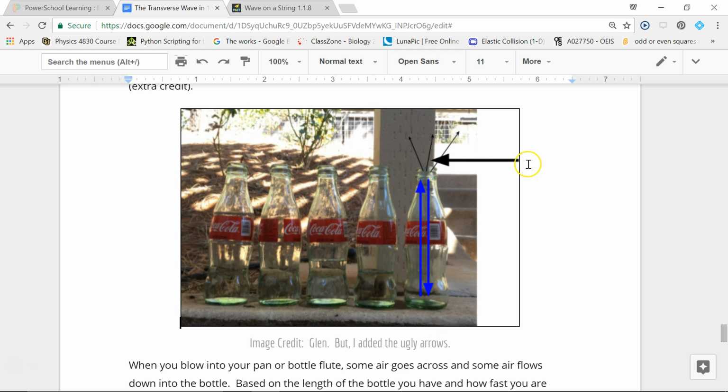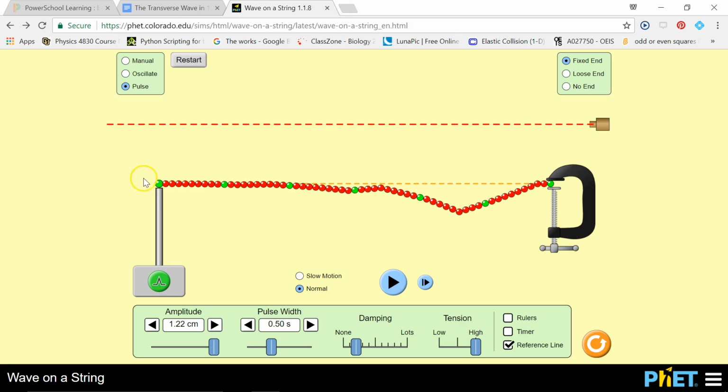When you blow across it, some air comes in, a wave of air goes down to the bottom, and it bounces back. Now, how does it set up a standing wave? If you just blew once into it, it wouldn't set up a standing wave. It would just go down, bounce back, bounce out. The way it sets up a standing wave is it has to reflect back.